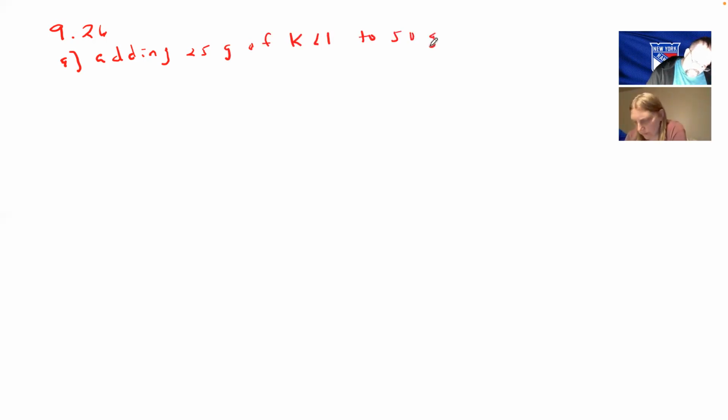No problem. So let's take a look at it. I'll do 9.26. So we're leaving 9.20. For 9.26, letter A, they want to know if the following solutions would be saturated or unsaturated at 50 degrees. For letter A, they have adding 25 grams of KCl to 50 grams of H2O.